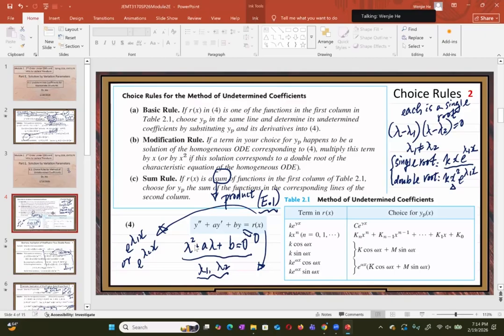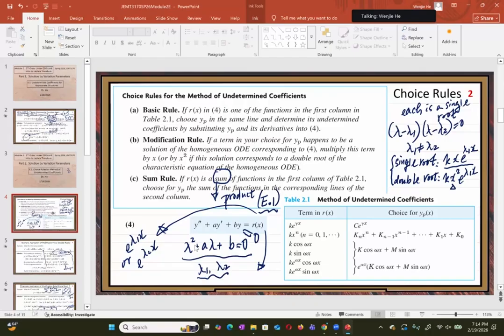Basic rule. First column, our function, this time it's a monomial, right? Actually a polynomial, two terms. But let us look at the highest term, which is kt squared, n equals 2.